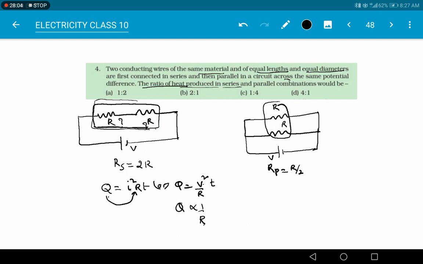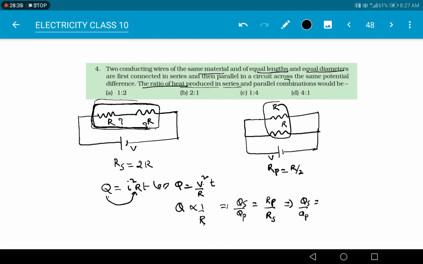When you are comparing with another circuit, or finding the net heat, we use this formula. Therefore Q series by Q parallel is equal to R parallel by R series.